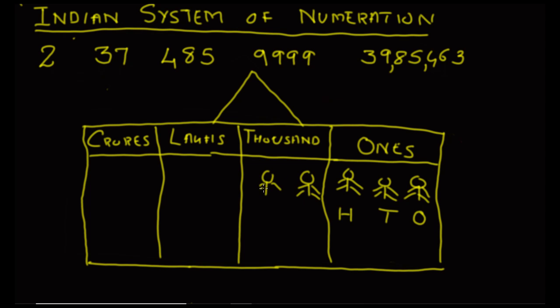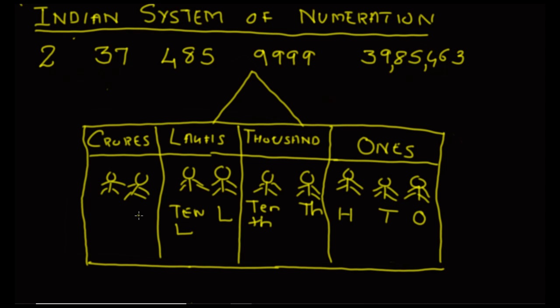And she called them 1,000 and 10,000. Lakhs room also had 2 people staying out there, that is lakh and 10 lakh. Crores also had 2 people staying out there, that is crores and 10 crores.